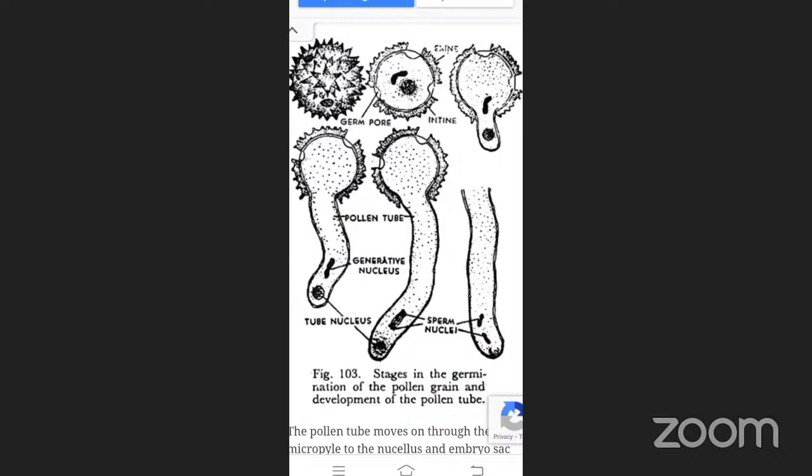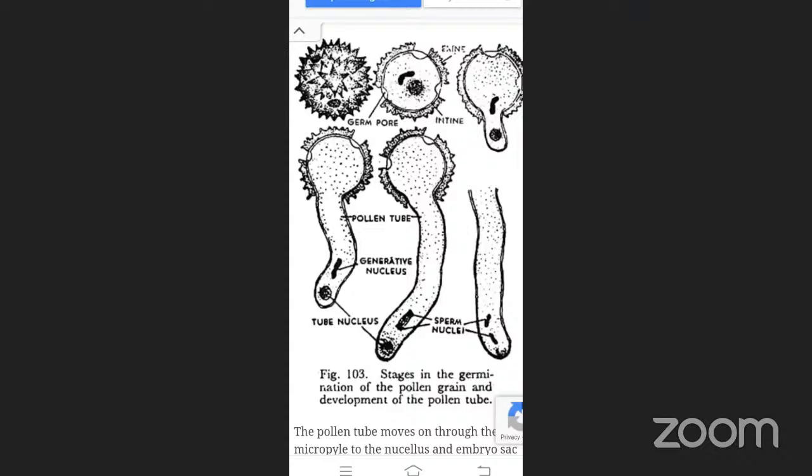Next is pollen tube growth. Here, the pollen tube on emergence grows on the surface of the stigmatic papillae in a creeping manner.